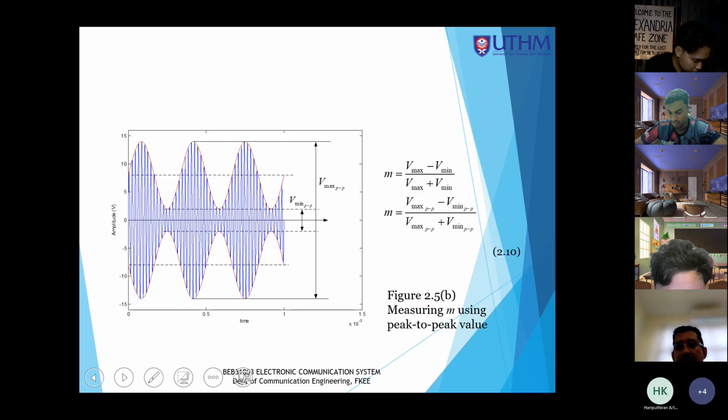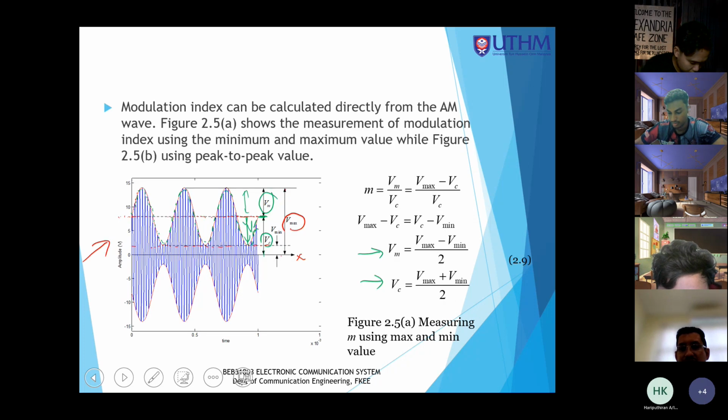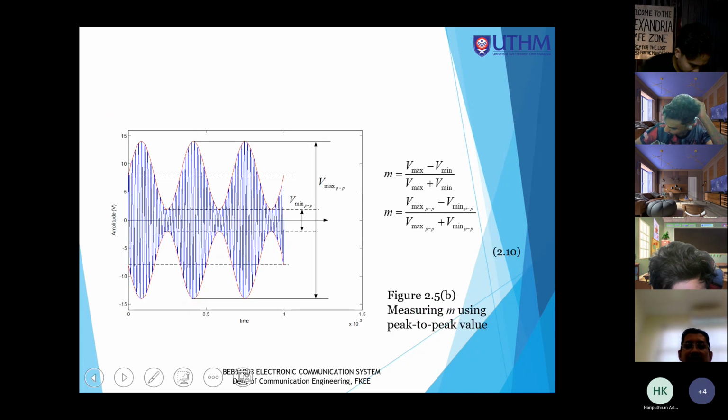Okay. So selepas kita masukkan, M sama dengan VM over VC, so that means Vmax tolak Vmin bahagi 2 dibahagikan dengan Vmax plus Vmin bahagi 2. So kalau you bahagikan yang ini dan juga yang ini, you akan dapat modulation index seperti ini.